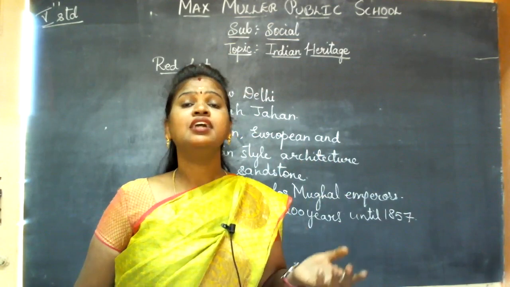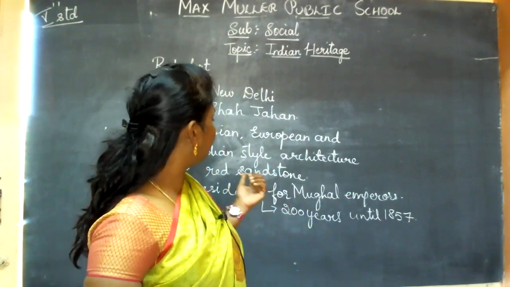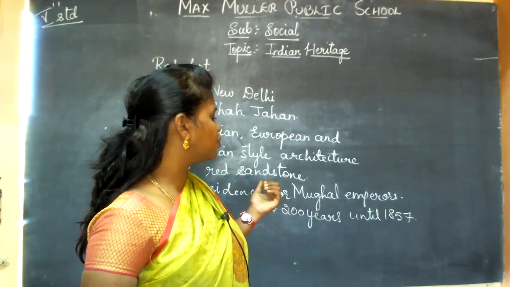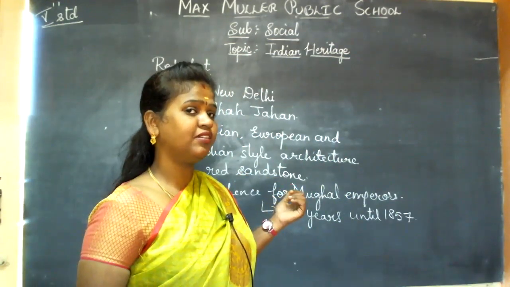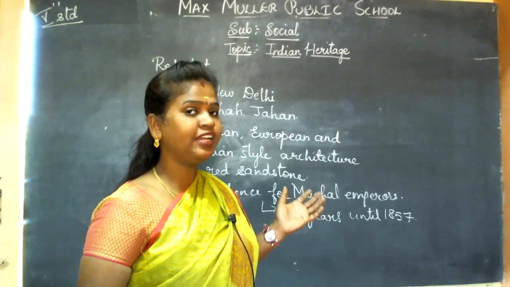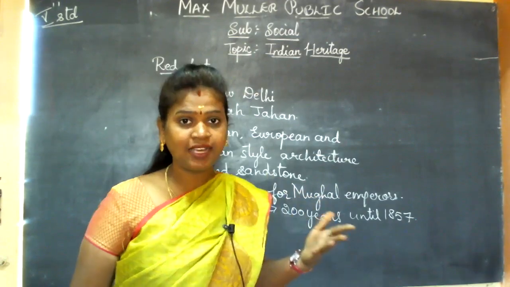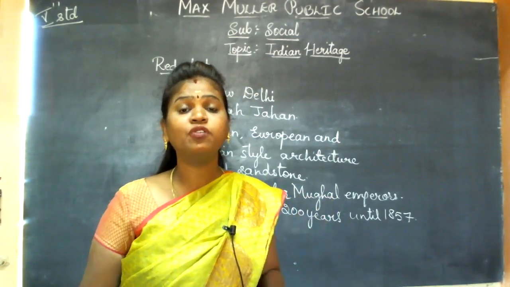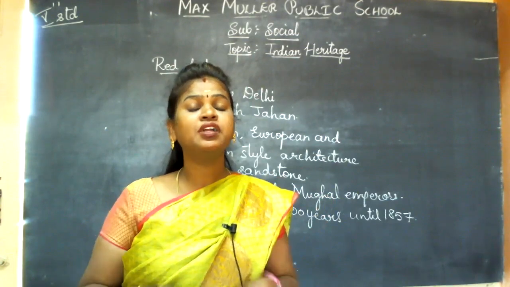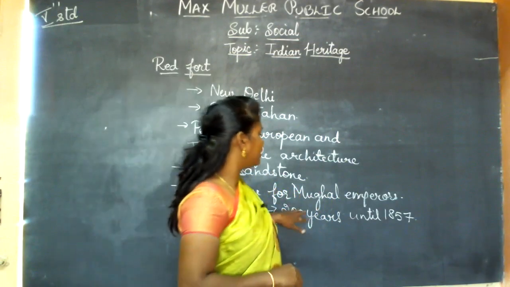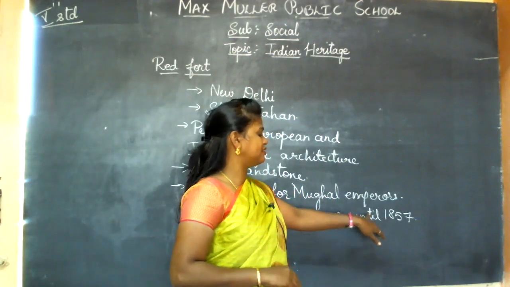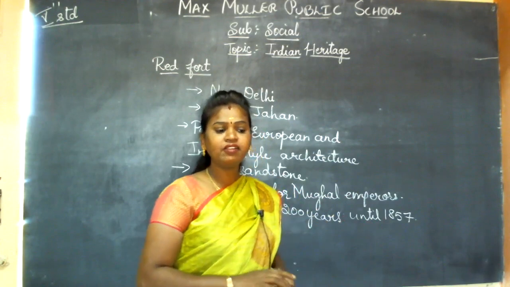Can anyone guess? The Mughal emperors were ruling India for 200 years until 1857. After 1857, the Britishers came to India and they started ruling over India. So the Mughal emperors' rule came to an end.